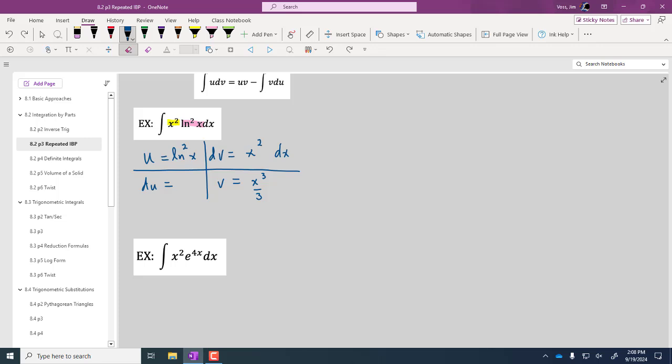So then we come over here to take the derivative, and I need a little more space most likely. So du, we're going to have to use the chain rule. Remember that this is like y equals natural log of x quantity squared. So first we pull the power: 2 natural log of x to the 1.